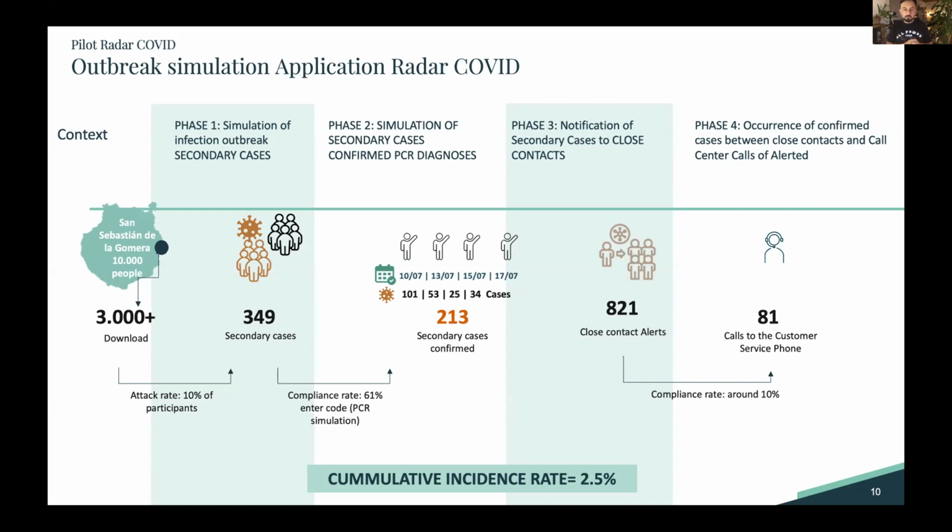Those generated a number of alerts, and around 10% of them went and called into the call center to finish off the pilot, and from there on, in the real situation, they would be taken by a manual tracer that would do the proper interview and calibrate the level of risk of that exposure.